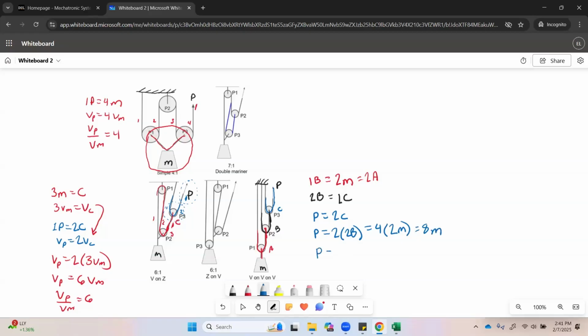So P equals 8M, VP equals 8VM, our mechanical advantage, VP over VM equals 8. And in this situation as well, P and M are going in the same direction, so the velocity ratio would still be a positive 8.